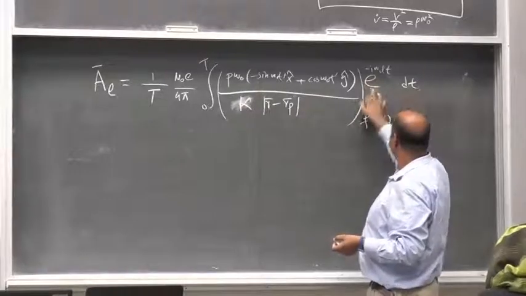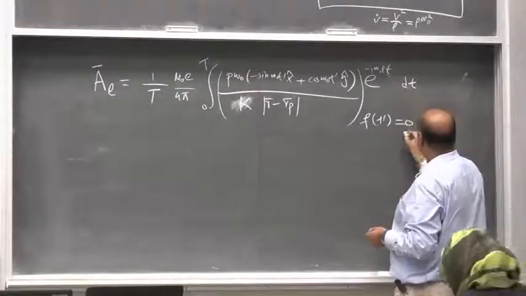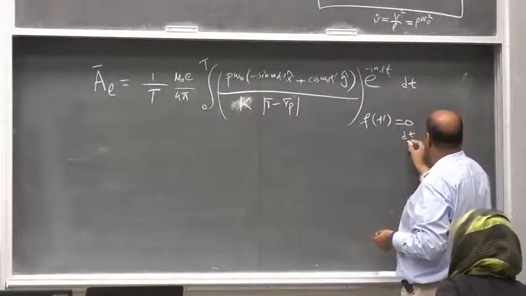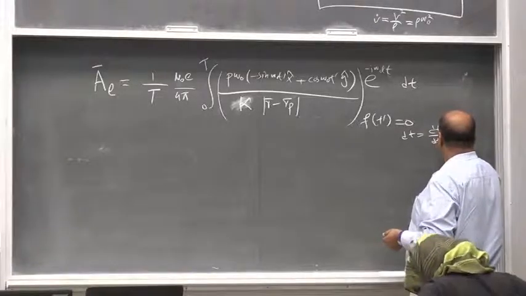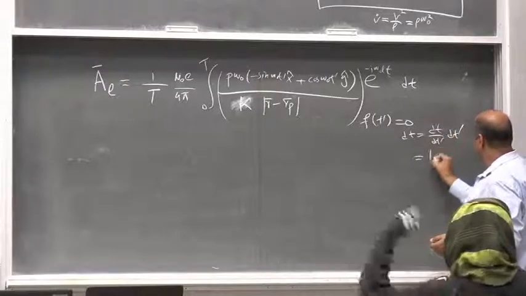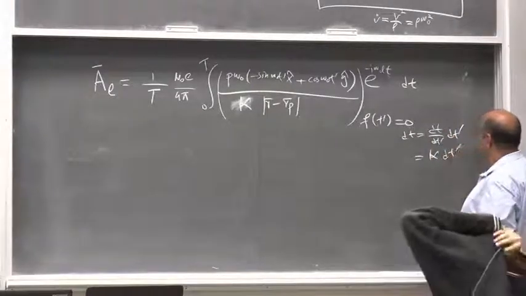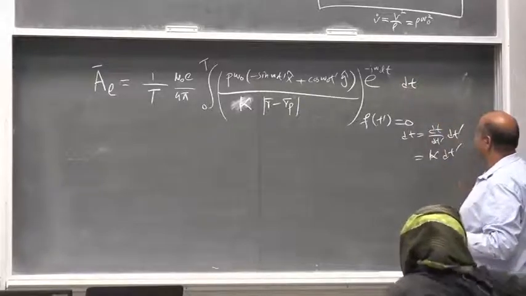Because this dt can be written as dt by dt prime, and this is nothing but kappa, and so we can replace this dt by kappa dt prime.